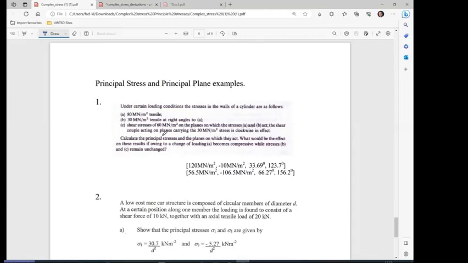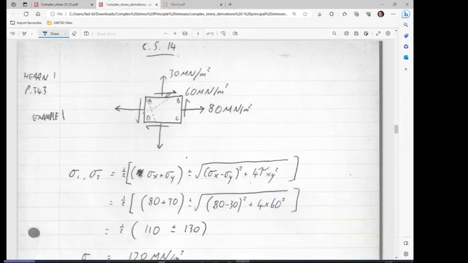The shear couple acting on the planes carrying the 30 megapascal stress is clockwise in effect. So the plane which is carrying the 30 megapascal direct stress is carrying a shear stress which is trying to rotate the element in a clockwise direction. So that description tells us the direction that shear stress is acting in. So let's draw our element like that.